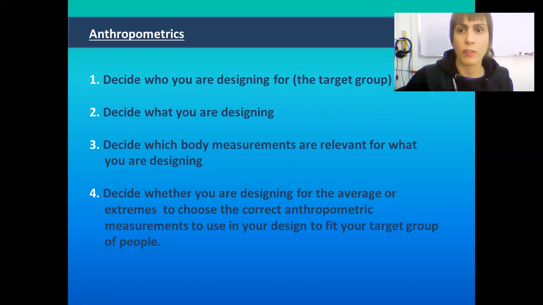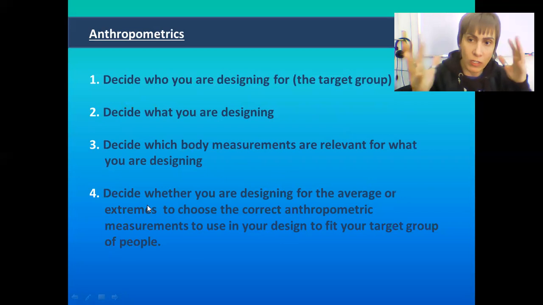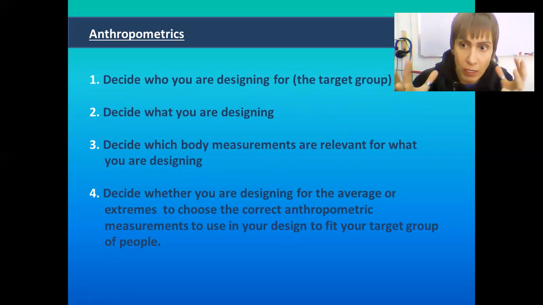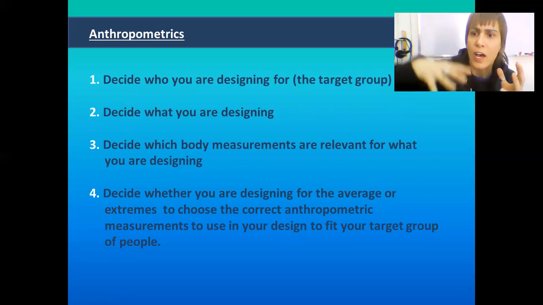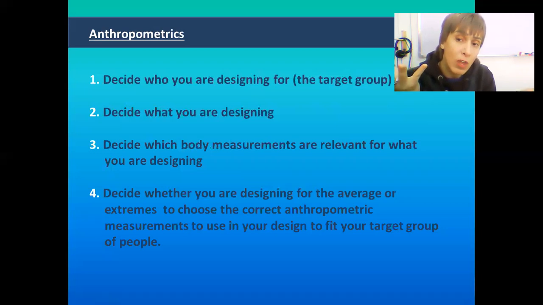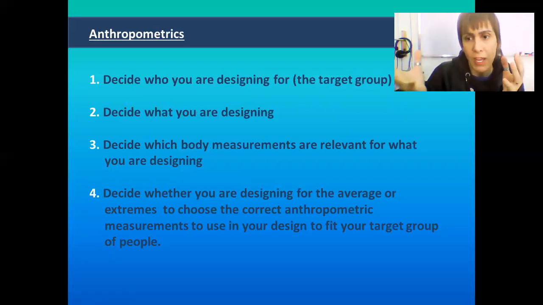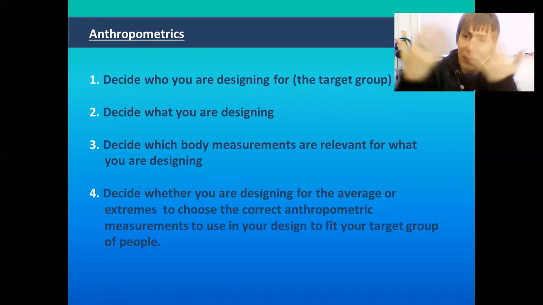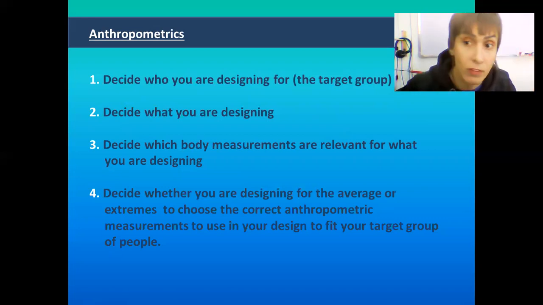Now, what if you're designing, for example, covering adult males and females together? Well, then you also need to decide for the average or for the extremes. And you need to take into consideration the differences in the body sizes of both categories. So should I select the largest males and the smallest females, or the average male plus the average female, and make some kind of a mix in my design and decide?